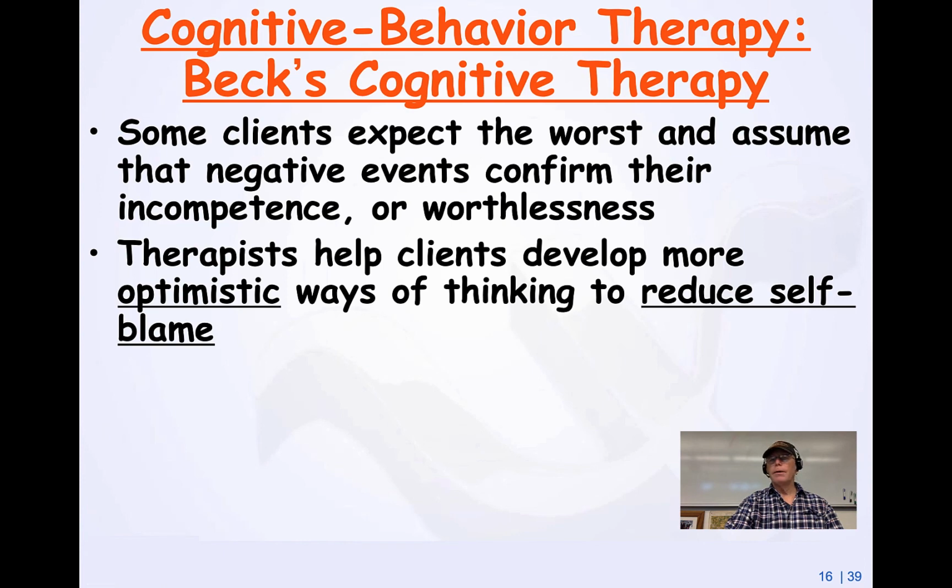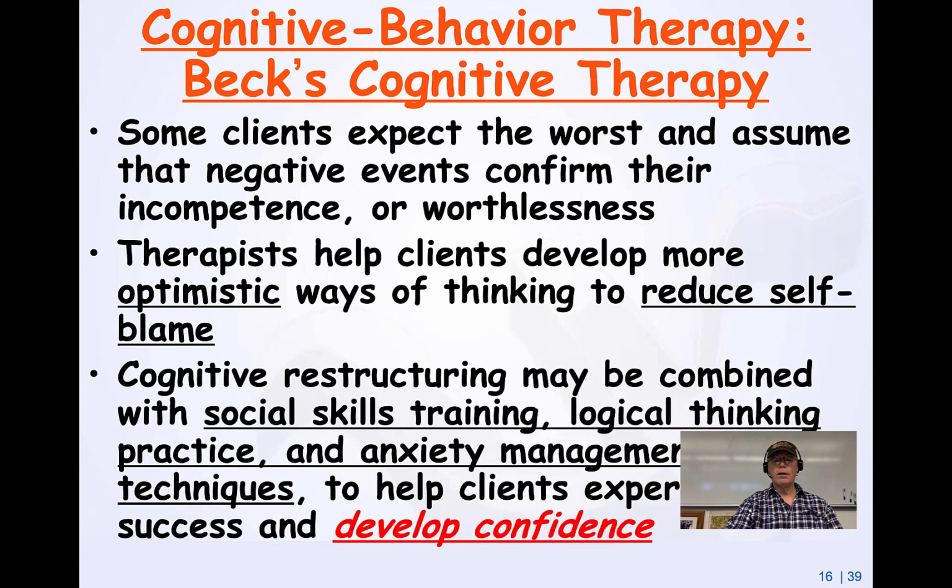It's how to reframe things, how to see things in a better light rather than the negative light. Cognitive restructuring is combined with other things like social skills and anxiety management techniques, all of these to develop confidence. And once they're learned, the client can move on with their life with fewer problems.